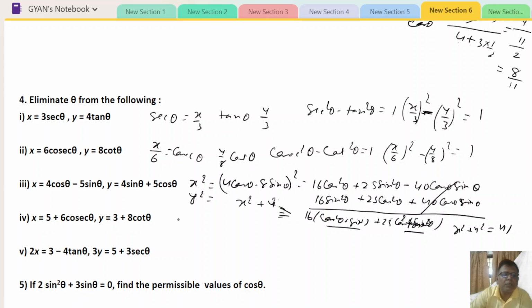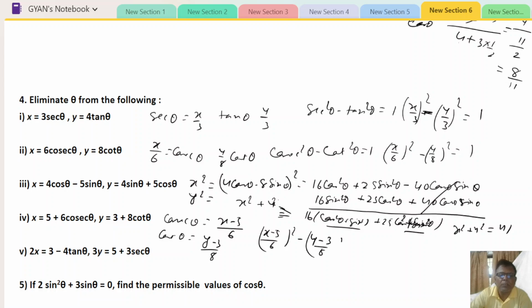This you have to eliminate. So you can write cosec theta is equal to x minus 5 divided by 6, and cot theta is equal to y minus 3 divided by 8. So I square it and subtract it. So x minus 5 by 6 the whole square minus y minus 3 by 8 the whole square is equal to cosec square theta minus cot square theta, that is equal to 1.